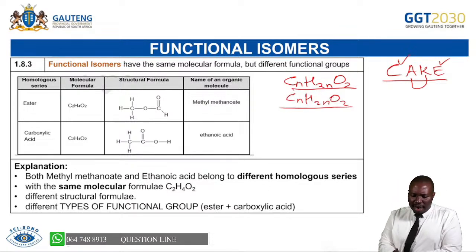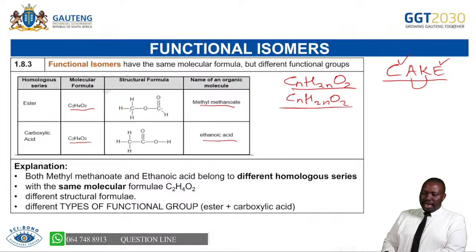And when it comes to the molecular formula, it will be the same situation. Here we are given an example of methyl methanoate, which is C2H4O2. We are given here ethanoic acid, which is C2H4O2. You are able to see there that the molecular formula is the same.